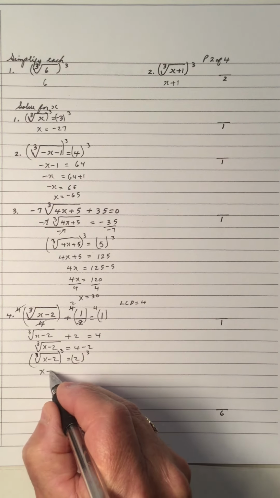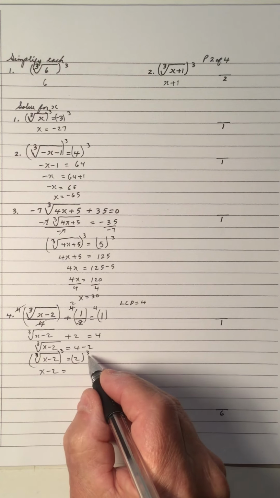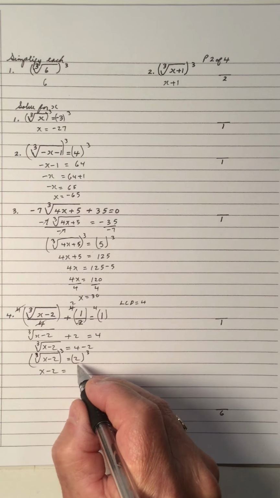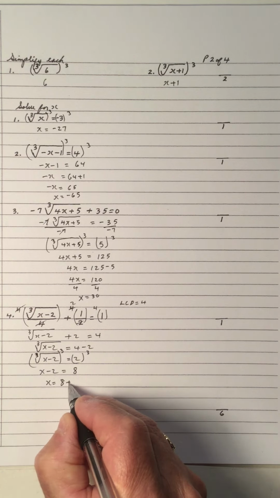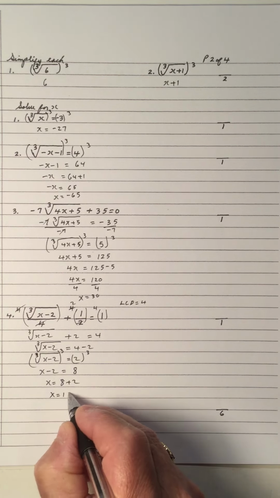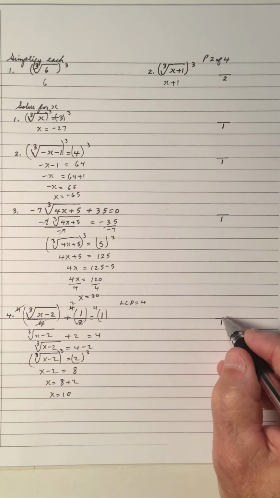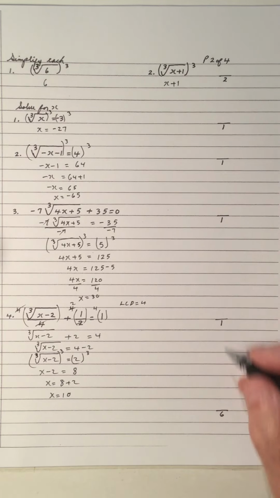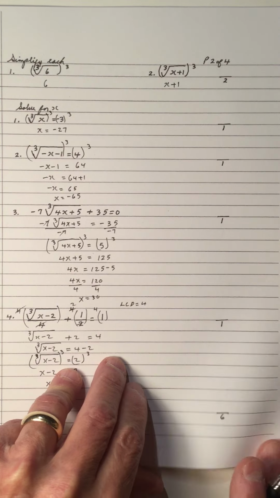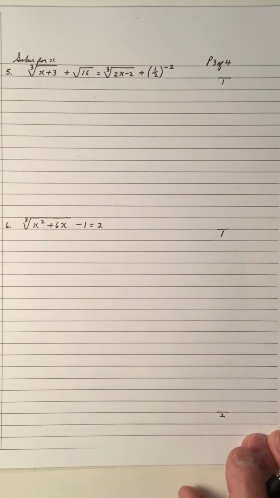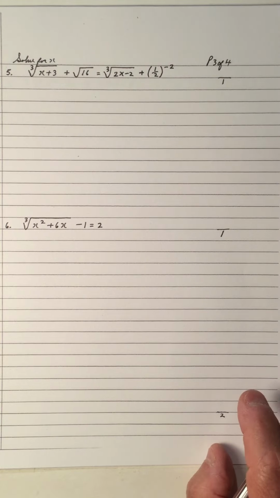And that gives us x minus 2, and 2 cubed is 2 times 2 times 2, which is 8. So x equals 8 plus 2, x equals 10. If you have 10, give yourself a mark. Add up the marks or the totals, and you have 6 for that page. Hopefully you got everything right. And let's continue.